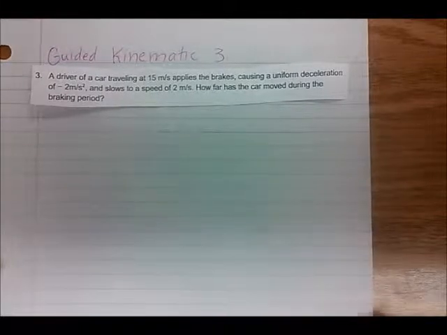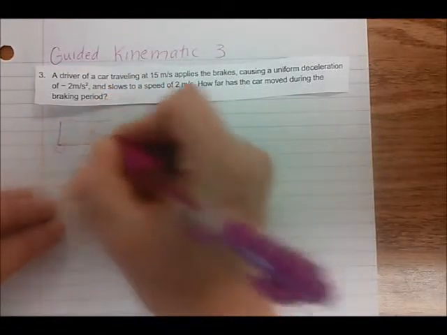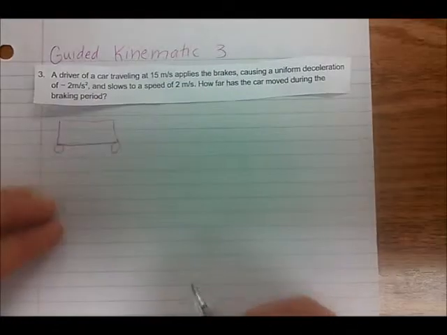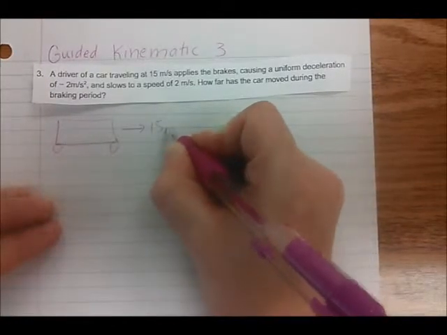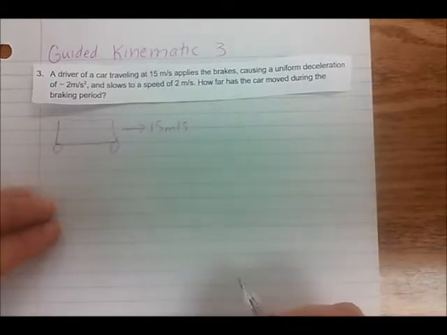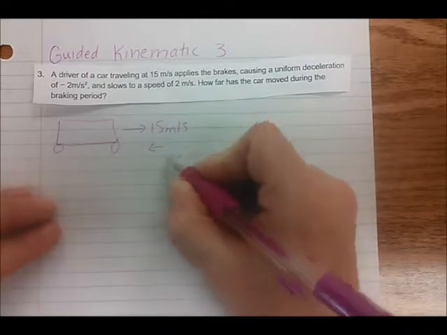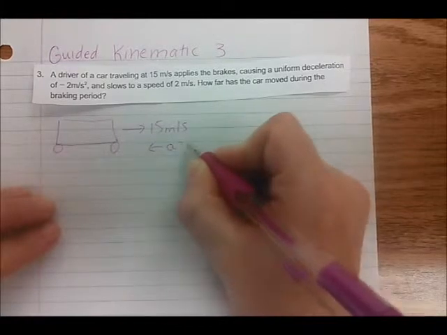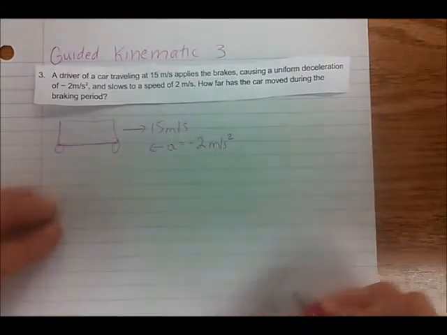So the first thing we need to do is visualize the problem. There's my lovely car traveling at 15 meters per second, and its acceleration is equal to -2 meters per second squared.